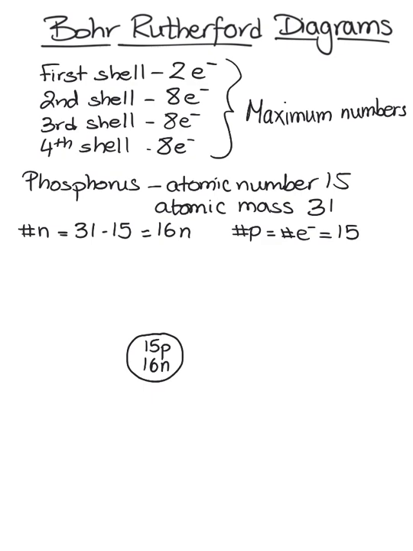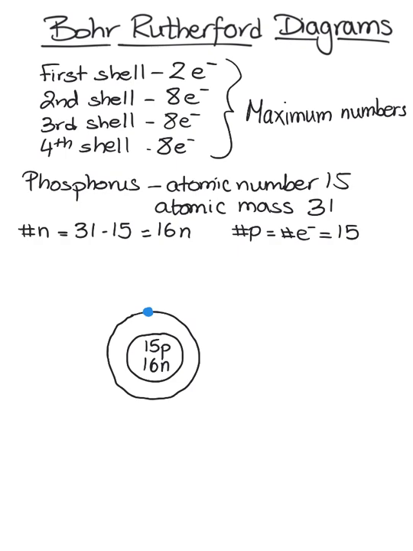These terms are going to be used interchangeably because they're all referring to the same thing. So we're going to draw our first shell, and that is what we draw as a circle around our nucleus. And we know that the rule says that our first shell can only hold 2 electrons. So those 2 electrons, I'm going to use blue to show my electrons so they can stand out.